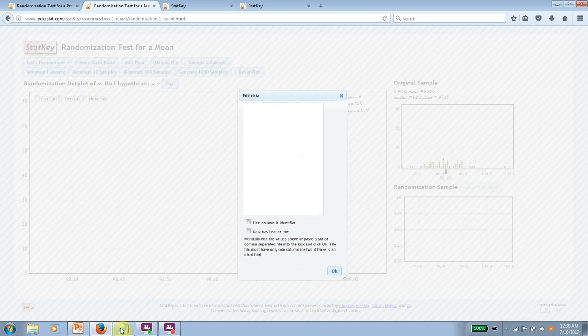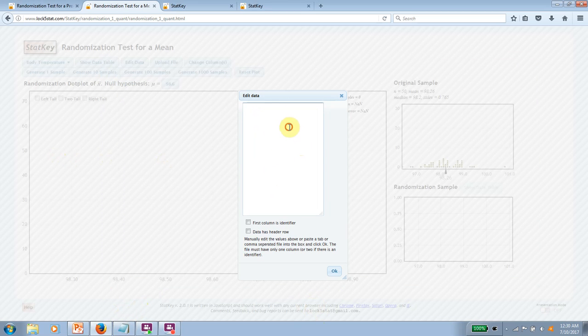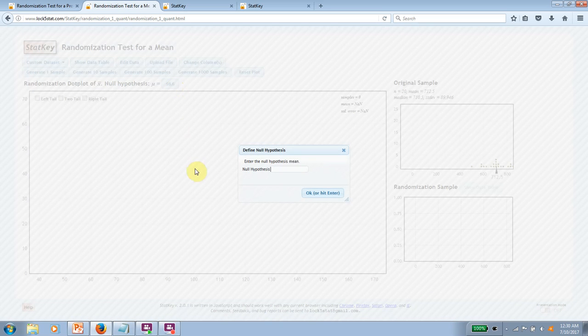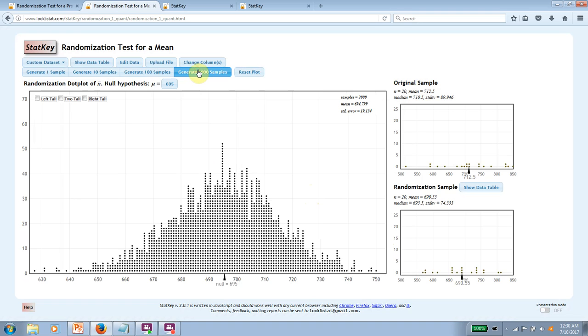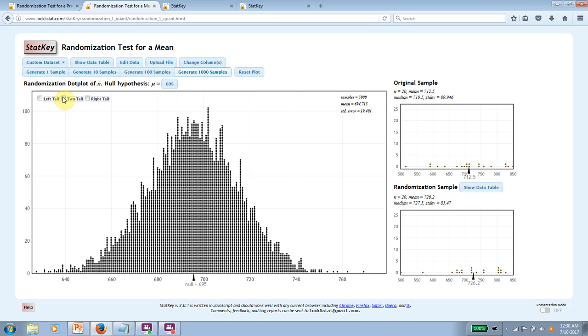And I have it here. And I need to change the mean because I don't want 98.6. I want 695 in the null. And then we can generate 5,000 randomization samples, and then two tail.